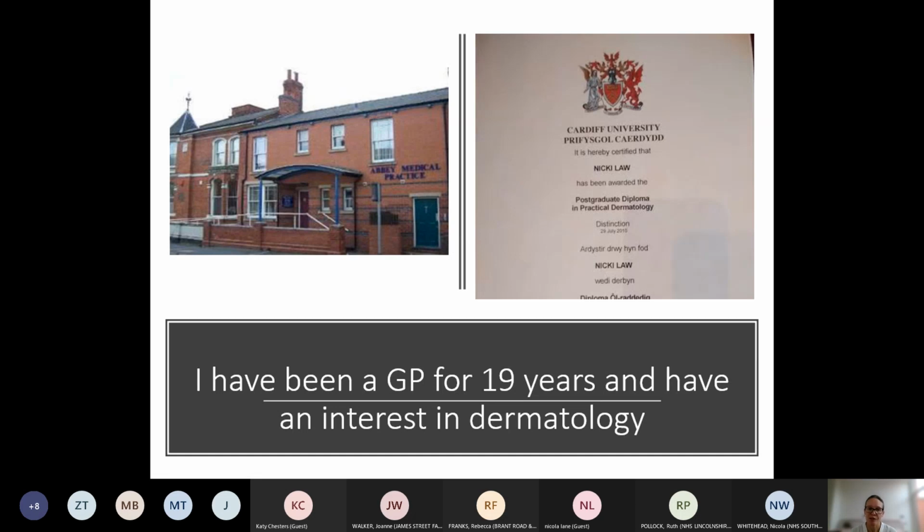And then I did work in a hospital clinic for about 8 months, just one afternoon a week. Then that kind of ended, and I just do dermatology in general practice, which I think is more interesting than dermatology in hospitals. So I'm just going to share some of that with you today, and hopefully there'll be some useful things there.